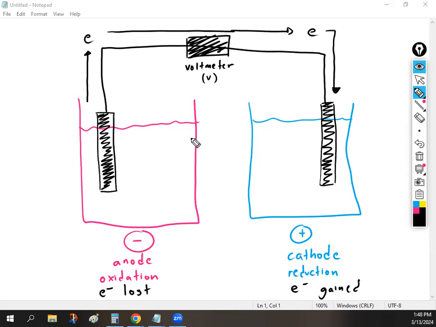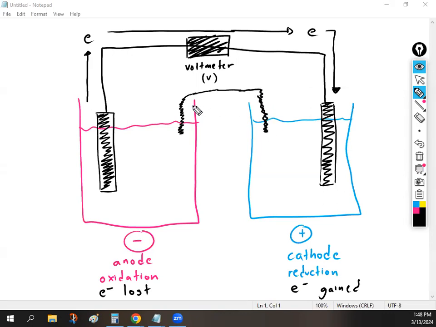However, if you guys took physics, you should know that in order for there to be electrical current, you need to complete the current. So in between the cathode and anode, there is one last thing. And that thing is going to be something called a salt bridge. And so basically it's a piece of salt that connects it.